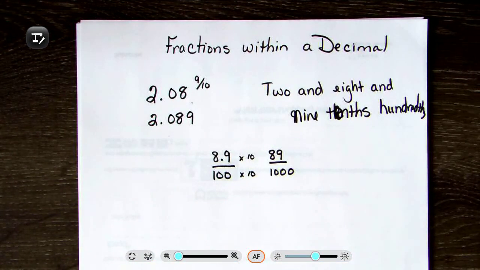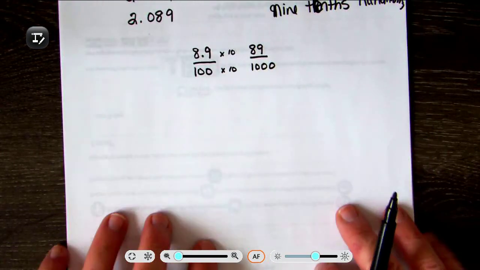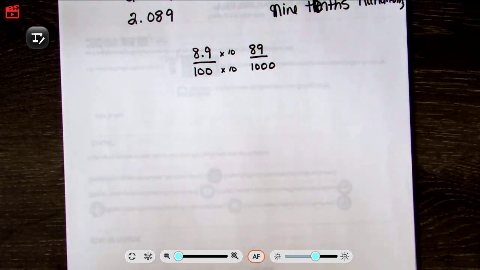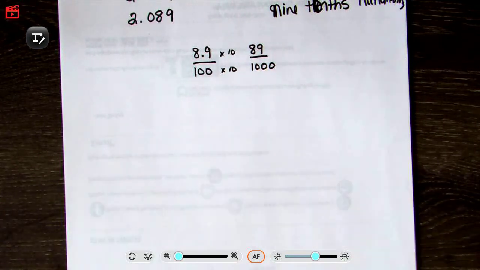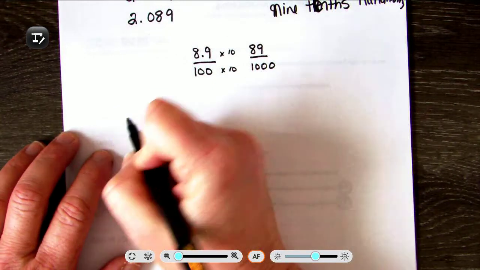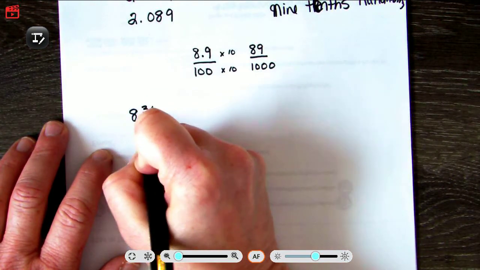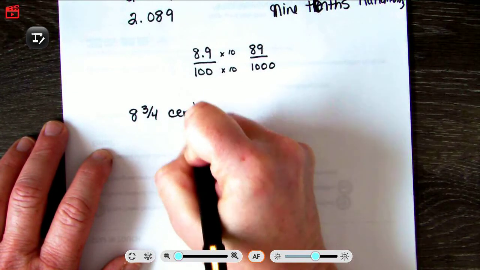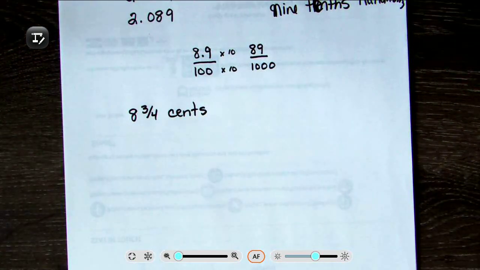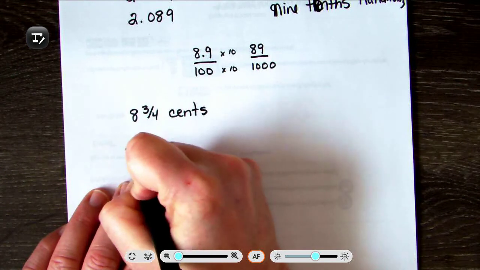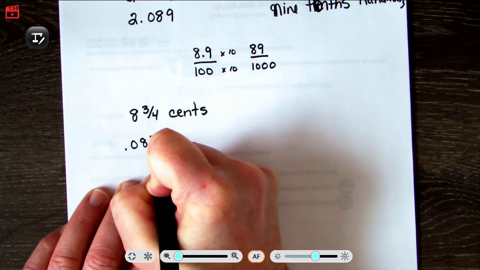Okay. Another place this is starting to show up is in the stock market. When we start talking about how things have risen or dropped, they might have gone up 8 3/4 cents, which if you think of it as 8 3/4 cents, it makes sense. That's kind of funny. But if you write it in terms of a decimal, so 8 3/4 cents. In terms of the dollar, it would be written as 0.0834.